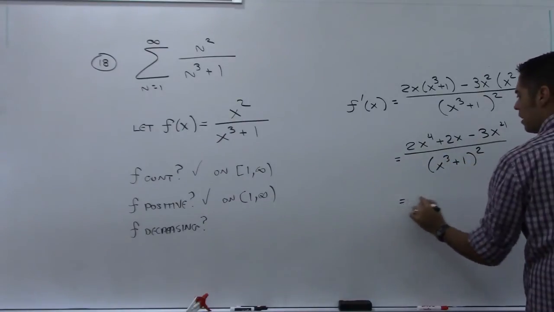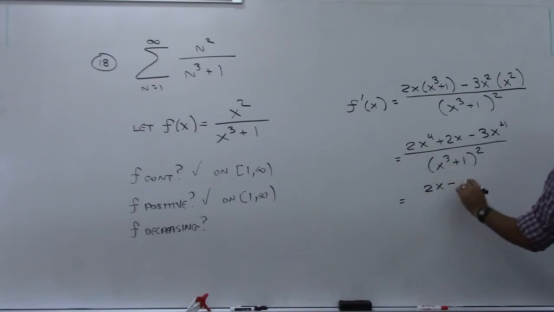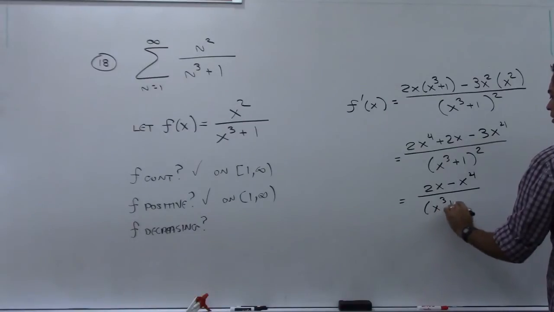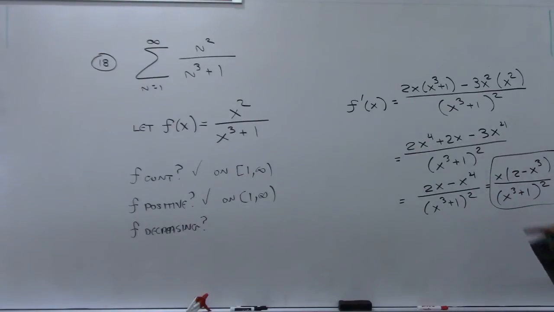And when I put those together, I get 2x minus x to the 4th over x cubed plus 1 squared. I can factor an x out of the top: x times 2 minus x cubed over x cubed plus 1 squared. So there's my derivative. The question is whether or not that's negative.